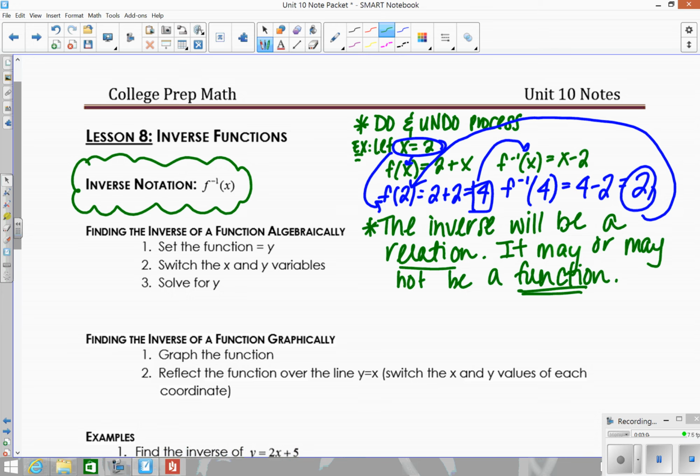When we talk about finding the inverse of a function, it means that the original was a function, but it doesn't necessarily mean that what you get out is a function. So the inverse of a function may not be a function.